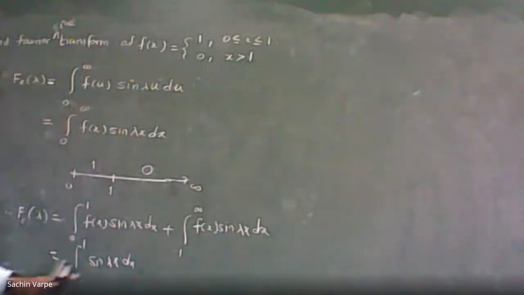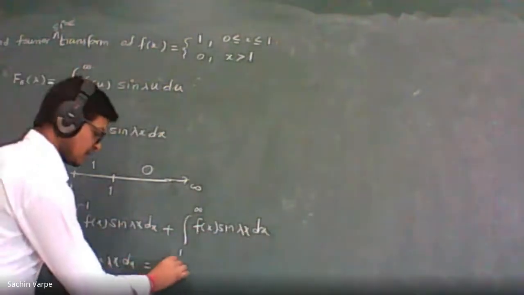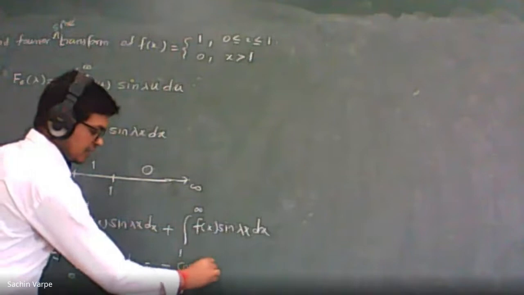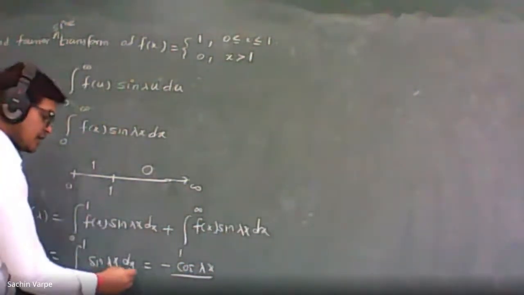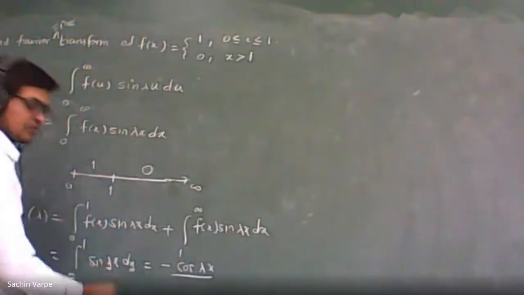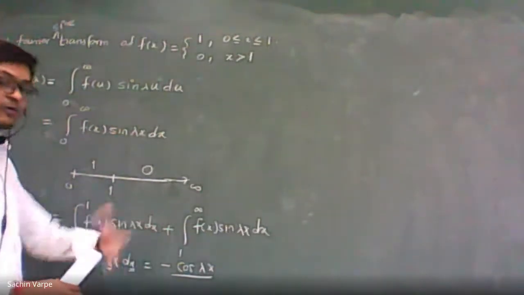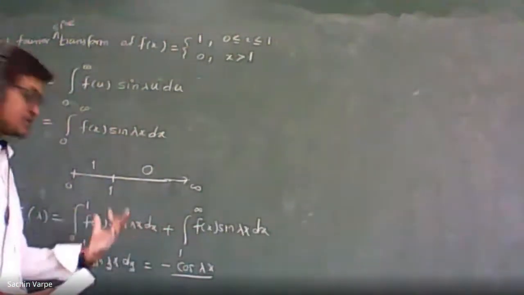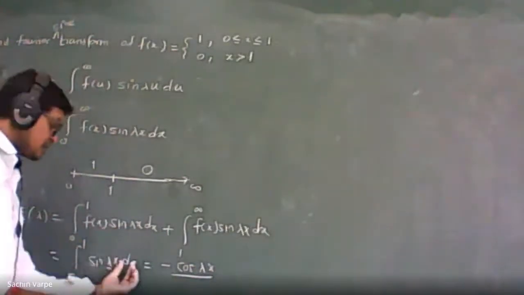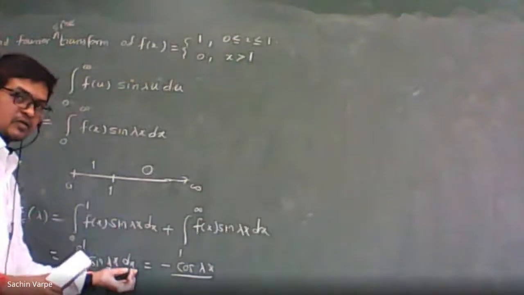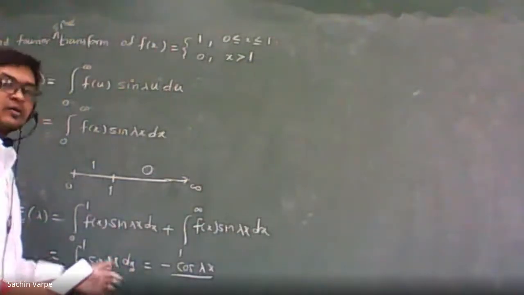What is the integration of sine lambda x? It is minus cos of lambda x upon lambda, from 0 to 1. What is the variable of integration here? x, so lambda is constant and comes in the denominator. Later we will discuss examples where the integration is with respect to lambda, and in that case x will be constant.